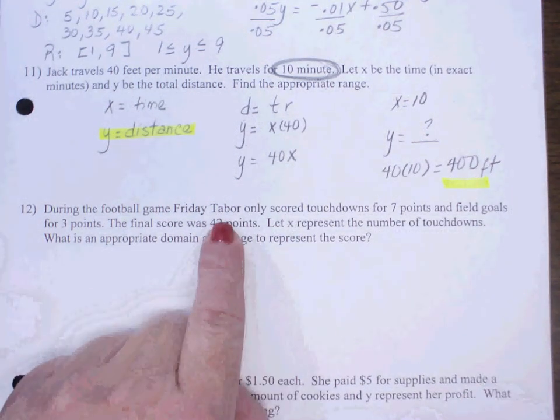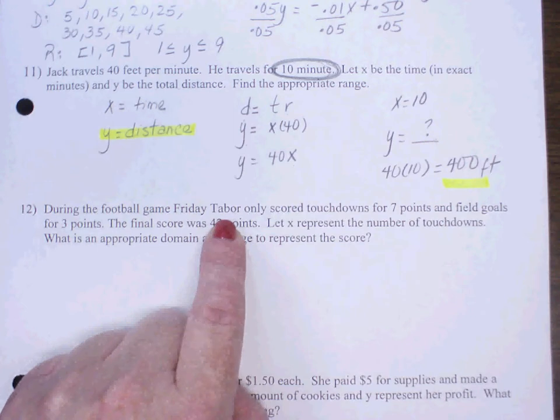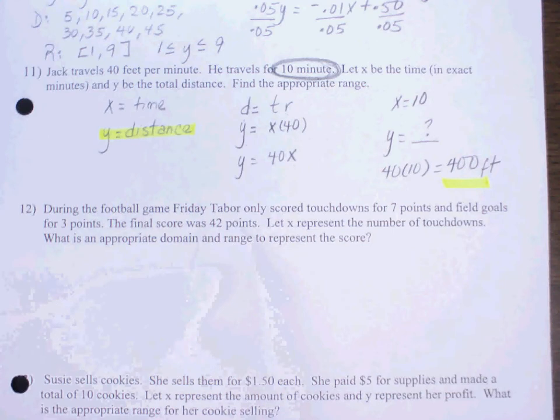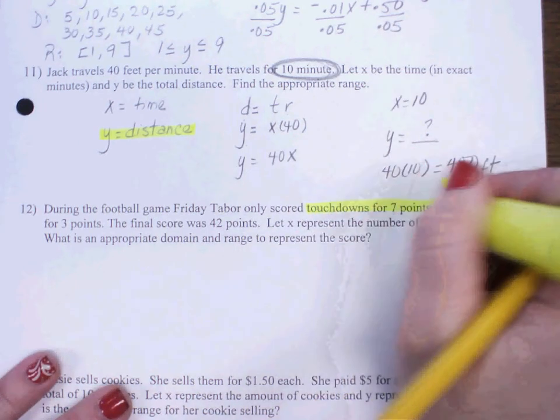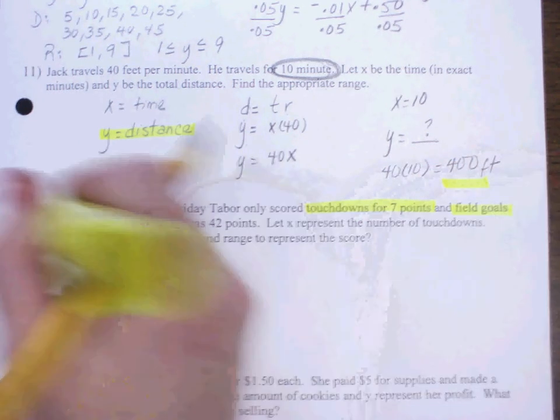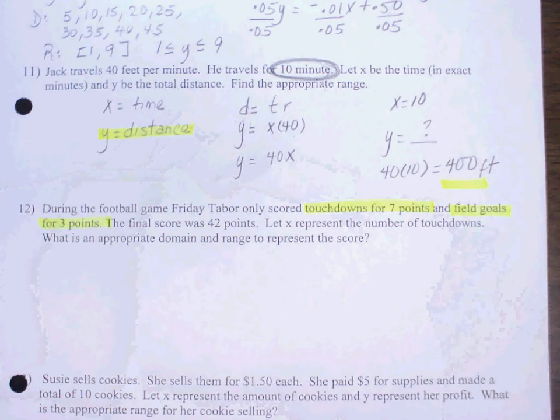During the football game Friday, Tabor? I don't know, that guy. Only scored touchdowns for 7 points and field goals for 3 points. So let's highlight. Touchdowns for 7 points, field goals for 3 points.